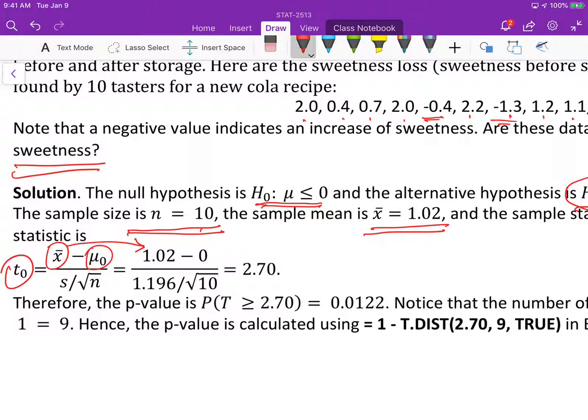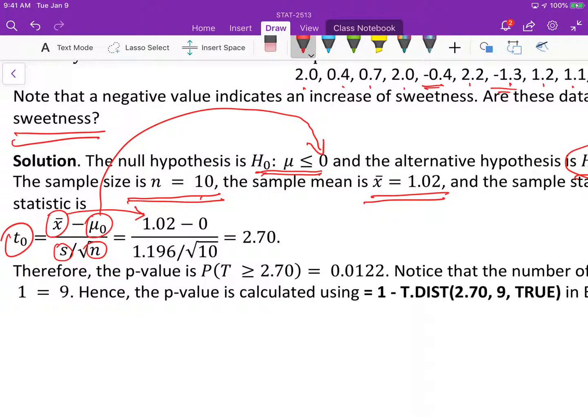Mu zero, as we mentioned, is the number in your null hypothesis, so here it is 0. And s is the sample standard deviation, and n is the sample size. After you plug in the values and do the math, you get the test statistic 2.70.